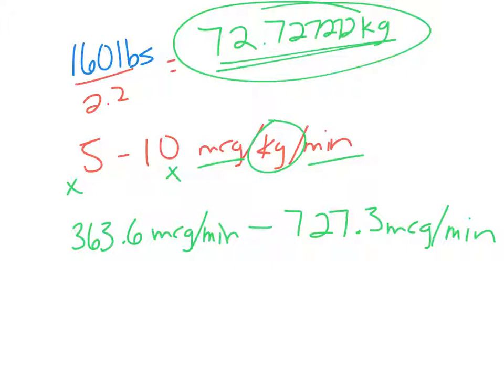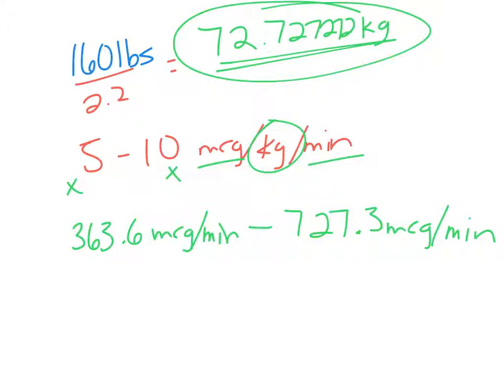Let's see, then number two says, what is the manual infusion range in drops per minute for a micro drip IV set? Okay. This is interesting.